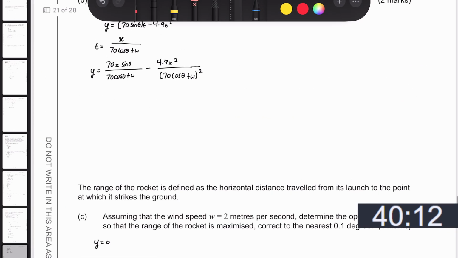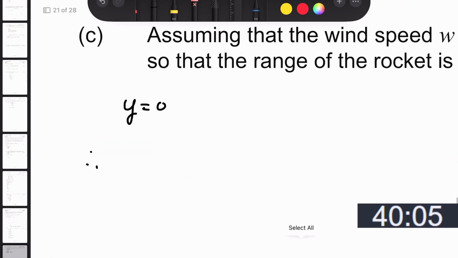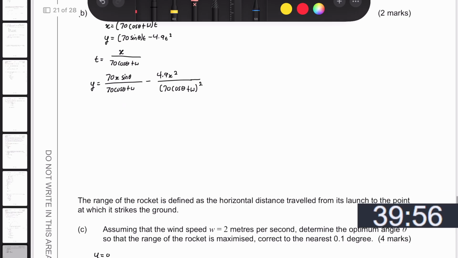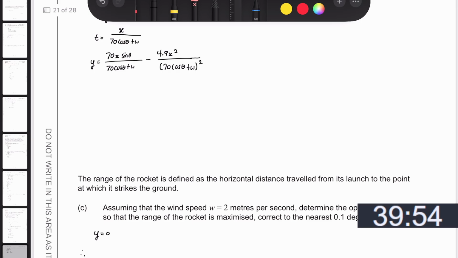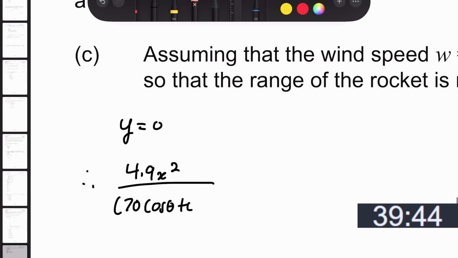Therefore, how am I going to do this? I can see for 70, so I do 4.9 x squared on (70 cosine of theta plus 2) squared.